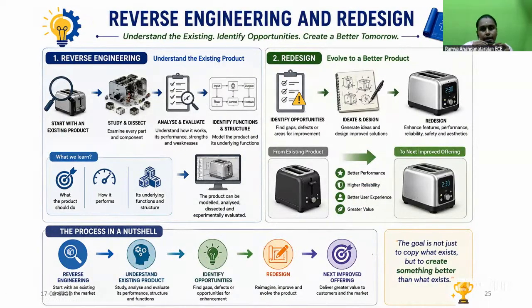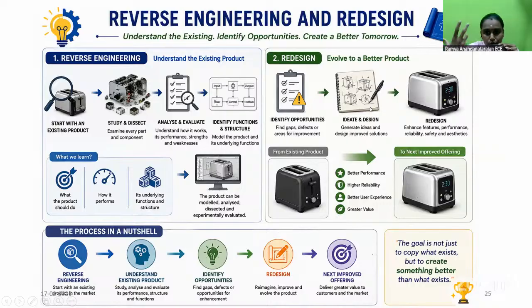So here I have a detailed image of both the examples. That is, the existing product is shown. On that, we do the reverse engineering. What do we do in the reverse engineering? We start with the existing product, study and dissect it, analyze and evaluate. Then we identify the functions and structure, and we go for the improvement. So while going for redesigning, we do the three process.